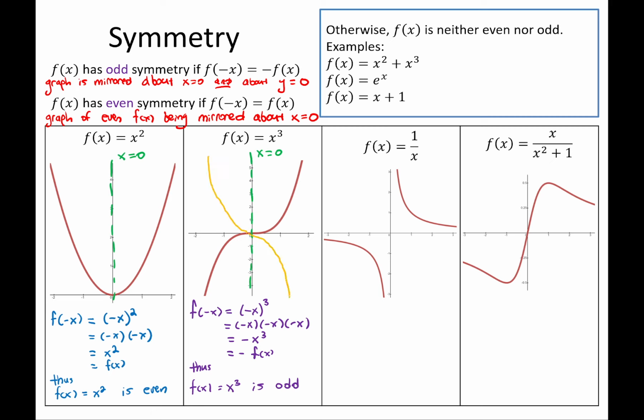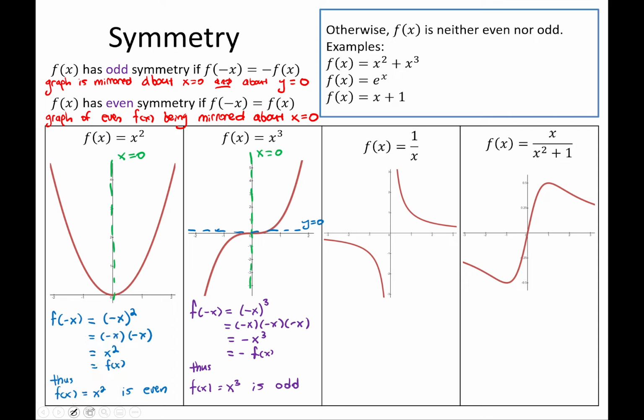And then you also mirror about y equals 0. So you then take this graph and mirror it about this line. So you get down there. So that's an odd function.